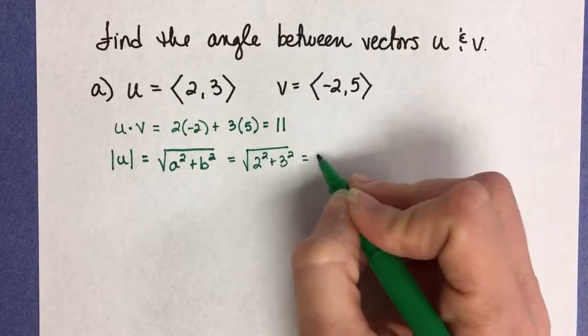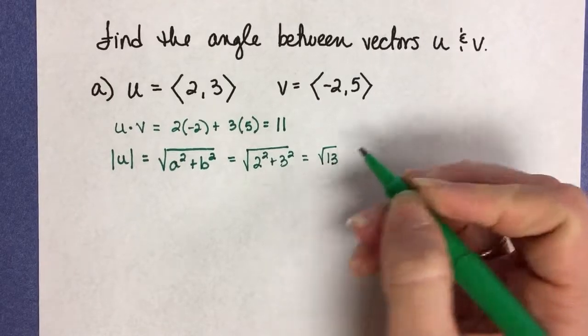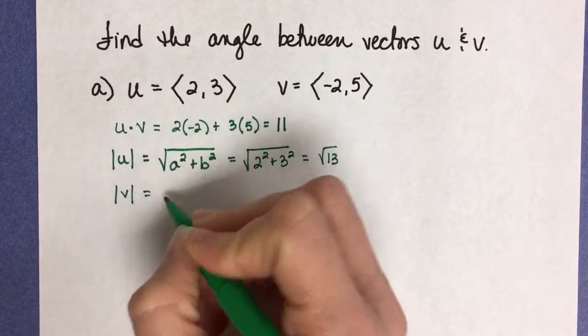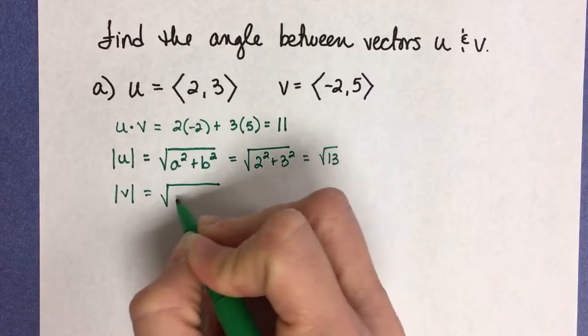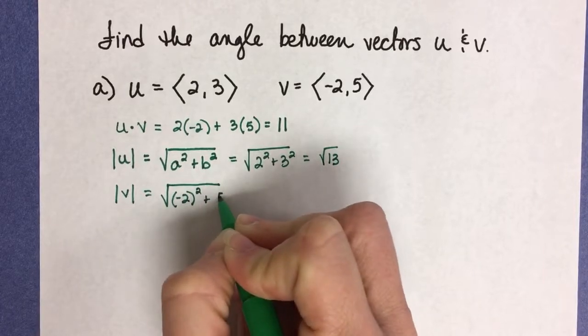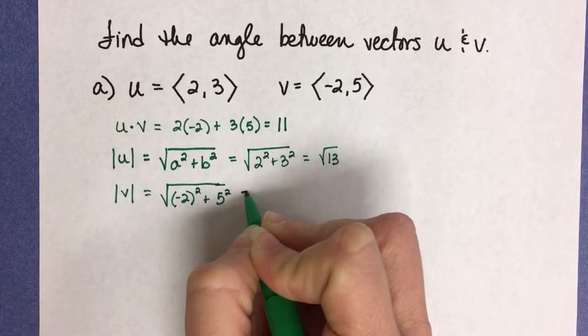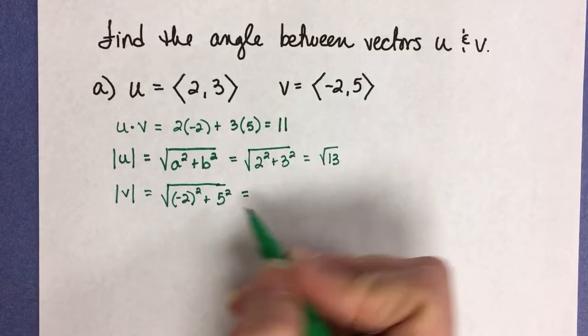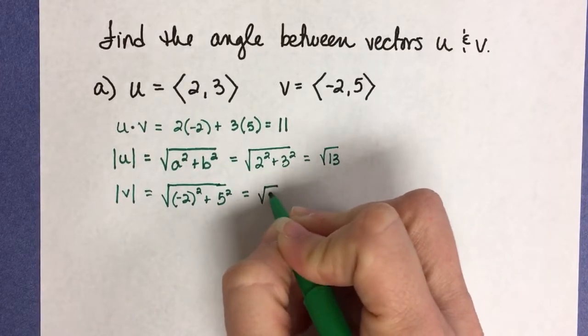So that'll give me 4 plus 9, so that's square root 13. And now getting the magnitude for vector v using the same formula, you would have negative 2 squared plus 5 squared. So that's going to be 4 and 25, so I get square root 29.